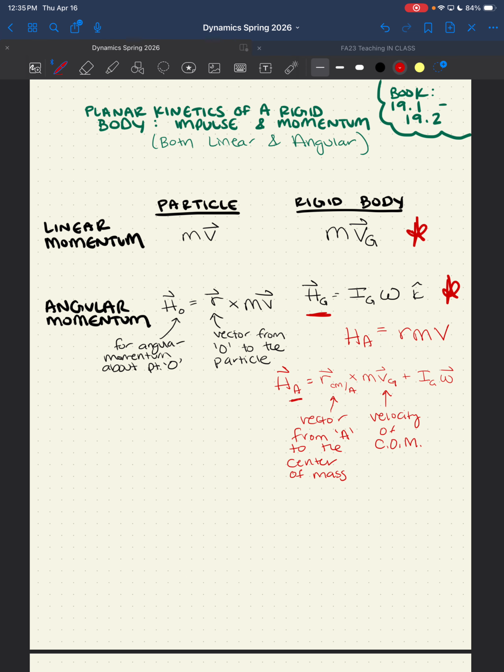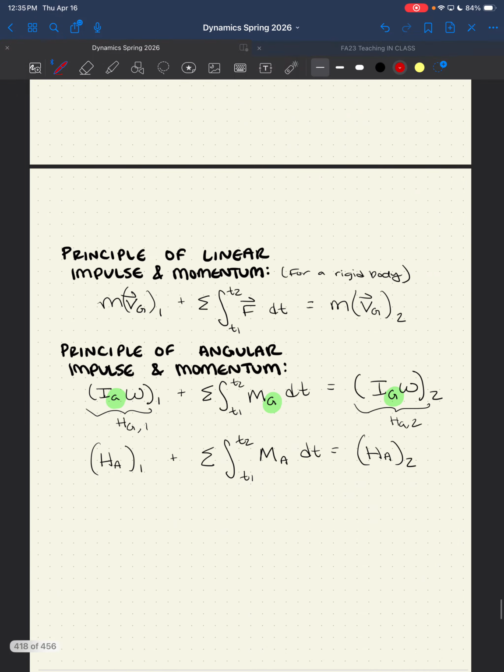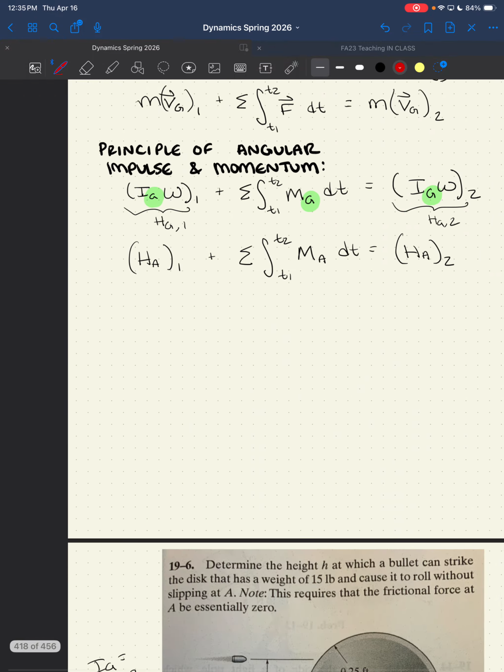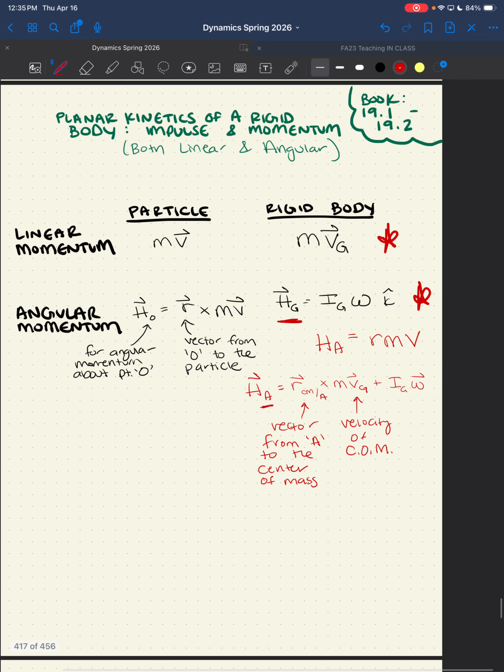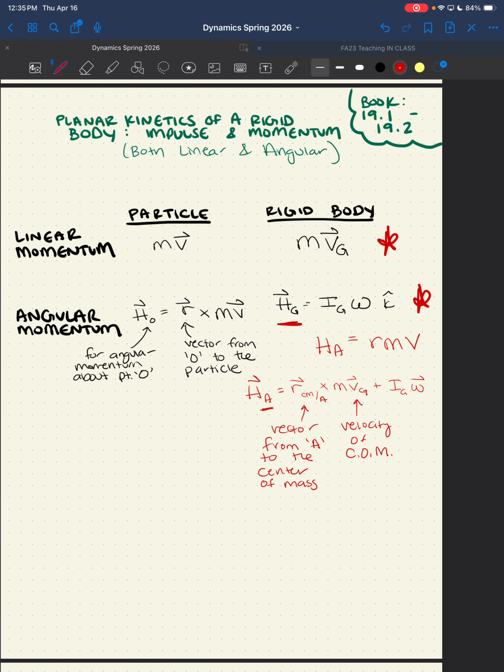Just r m v, where it's a scalar relationship. And for the most part, we really are only going to use the scalar relationship because we're going to be looking at planar kinetics of a rigid body. We're usually not looking at a 3-dimensional rigid body, at least for this section. The same is true for our equations of motion section.